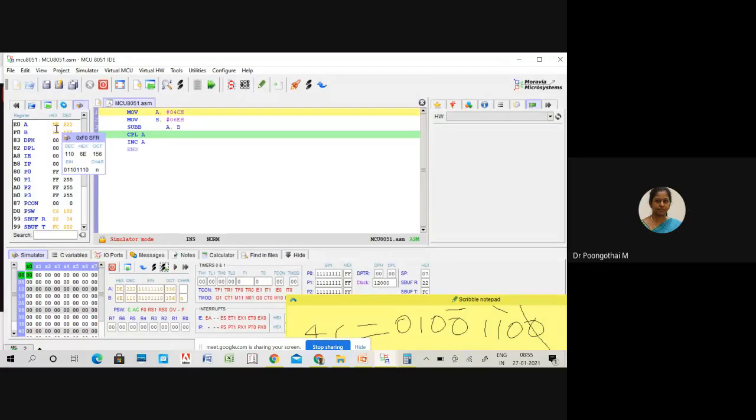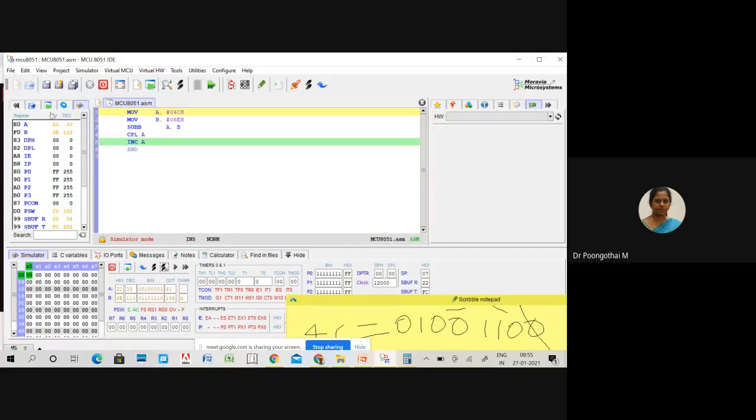You are supposed to get 22, and since carry is set, it indicates that your result is in negative form. So you need to take the 2's complement here. I'm going to complement the accumulator content, so the accumulator now holds 21. Next, I'm incrementing the accumulator. This is your original answer. But your carry and auxiliary carry retain the same status. Auxiliary carry is for BCD operations. Carry is for hexadecimal operations.